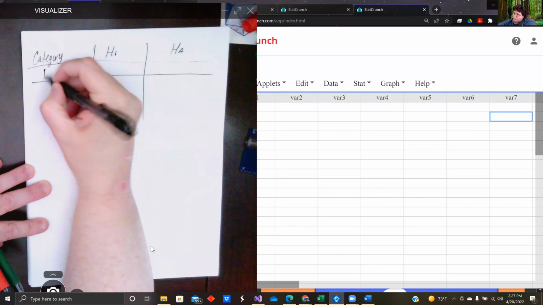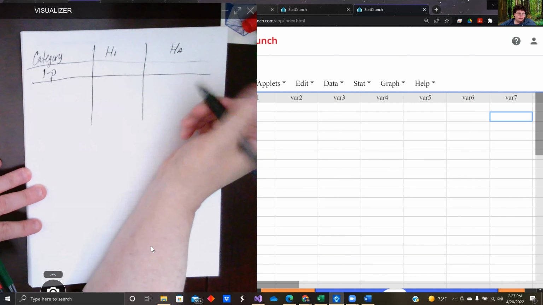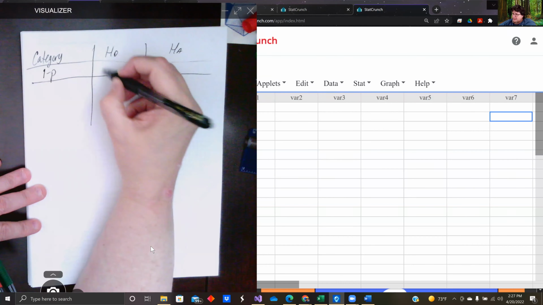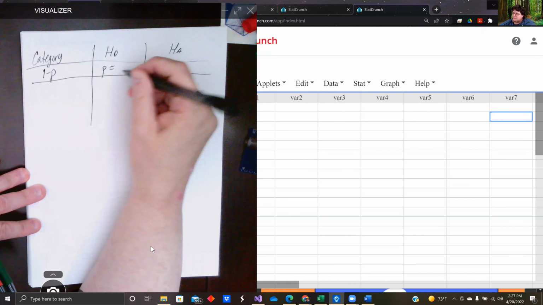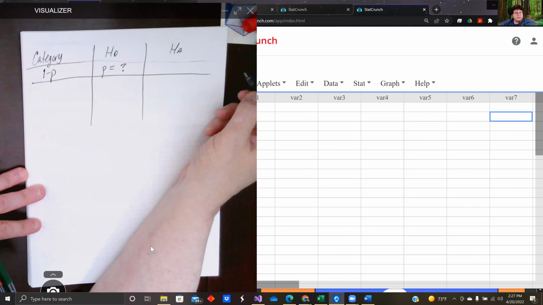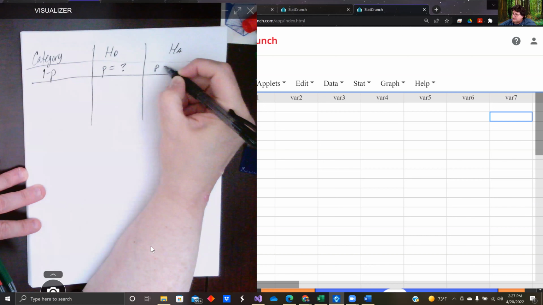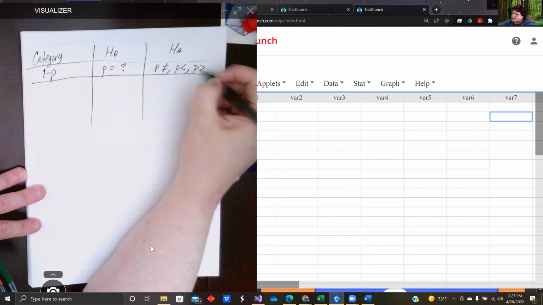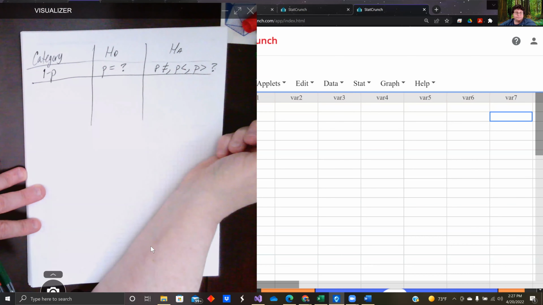So when we have a one proportion test, H naught is P equals some value. And HA is P does not equal, P is less than, or P is greater than that same value.